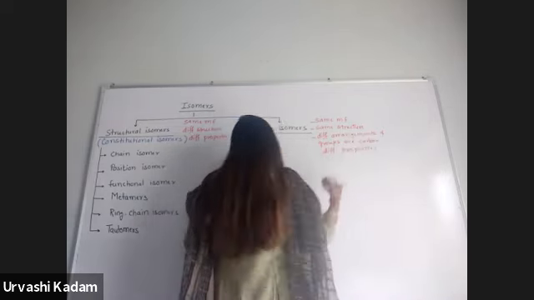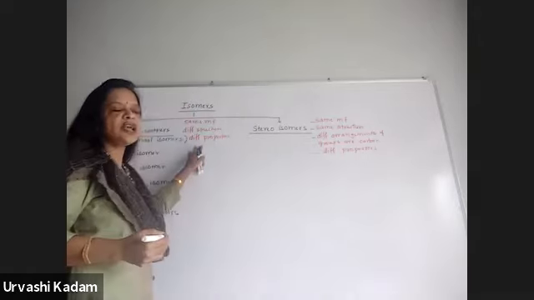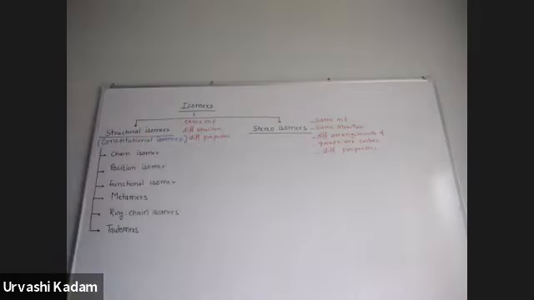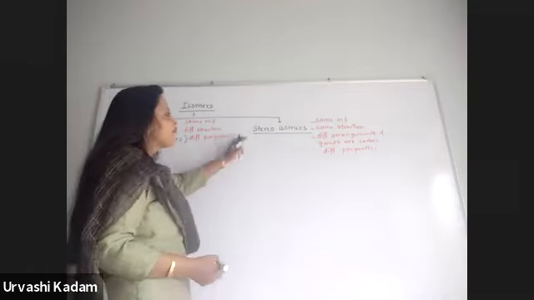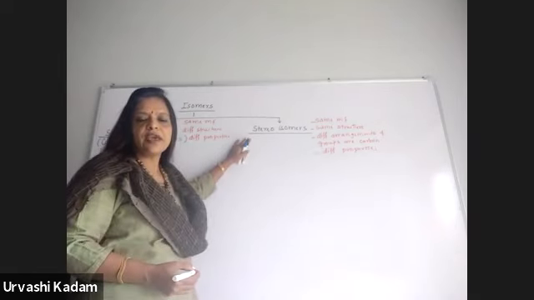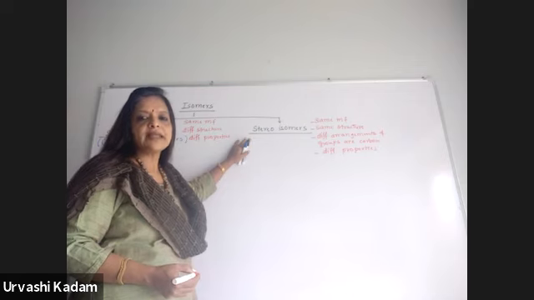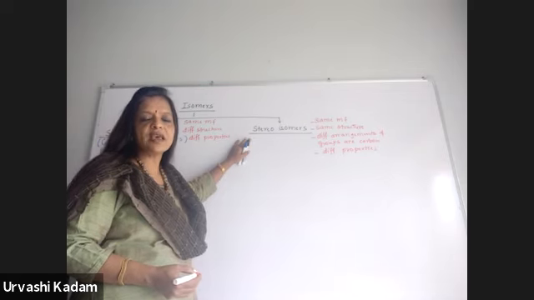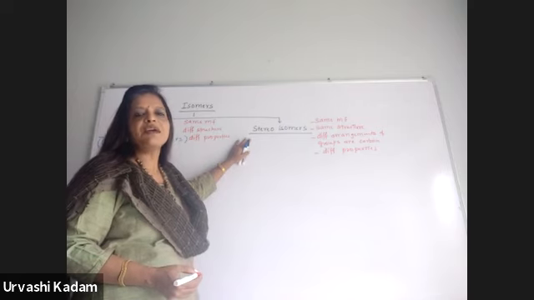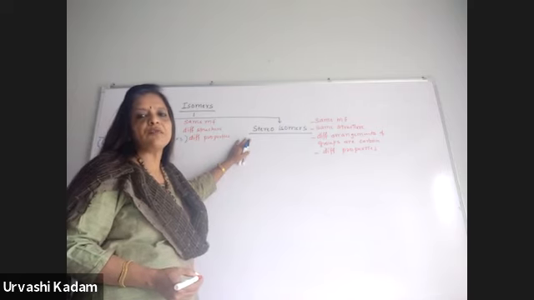Which properties will be different? When we talk about structural isomers, they will differ in physical property as well as chemical property, as they totally have different structure. But when we go to stereoisomers, they are going to have the same structure. Functional group wise they may be the same, and because of that they can have the same chemical property, but they will differ in physical property.